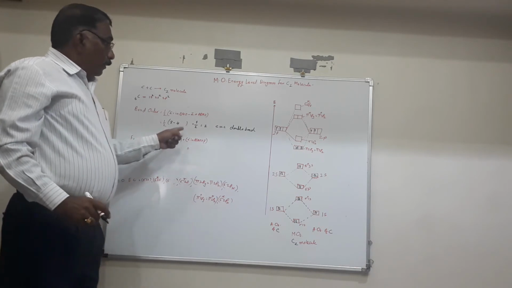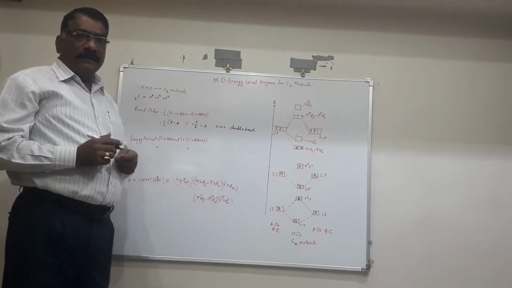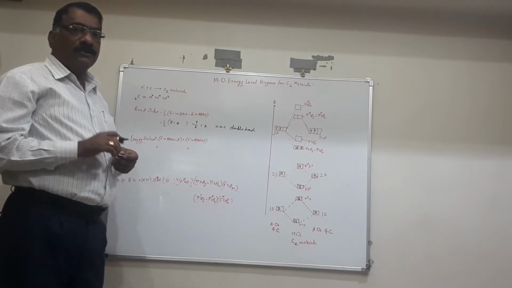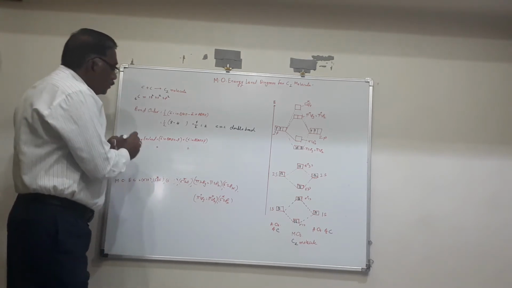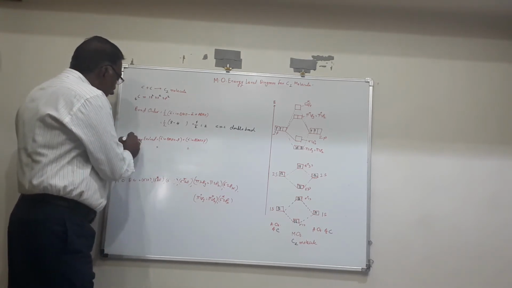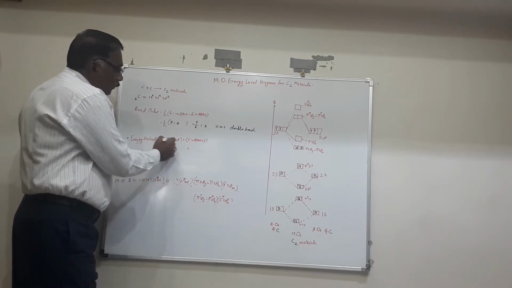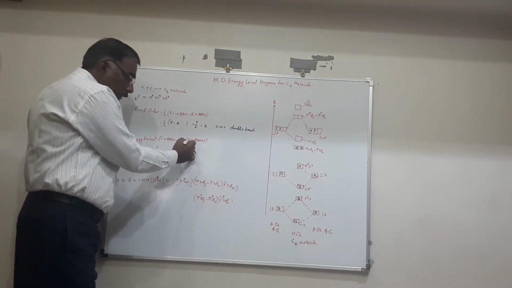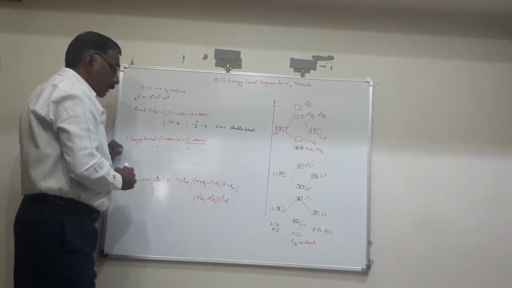Now, as a double bond is formed, is this molecule stabilized? For that you have to calculate the stabilization energy, or energy evolved during the formation of the molecule. There is a formula for the calculation of the energy: energy evolved is equal to electrons in BMO into minus beta plus electrons in ABMO into plus beta.